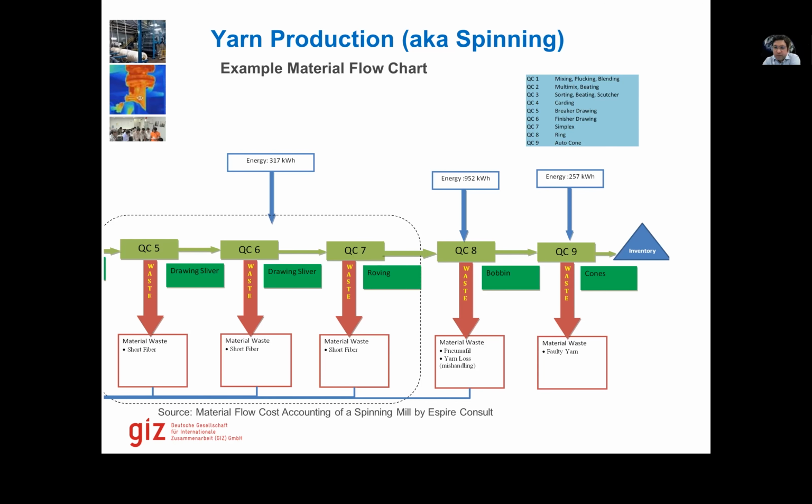Based on the number of twists, the number of process steps varies. If we have only a single twist, we might have only one step of machines. But if we have a process called doubling, with double twist, these are thicker and stronger yarns, used for example in areas where we need more strength in the yarn.